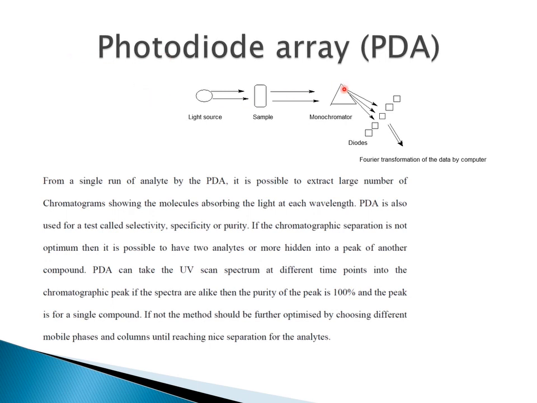So the idea of the photodiode array is that the light source, usually the deuterium lamp, will radiate a certain range of radiation, usually from 200 to 800 nanometers if we need UV and visible, and the whole beam will pass through the sample. The sample here takes the part of the light that matches its electronic conjugation. You can think of it simply like if you have an analyte and you have its UV spectrum.